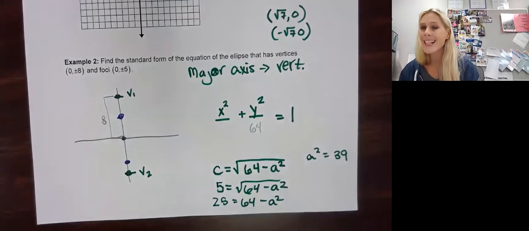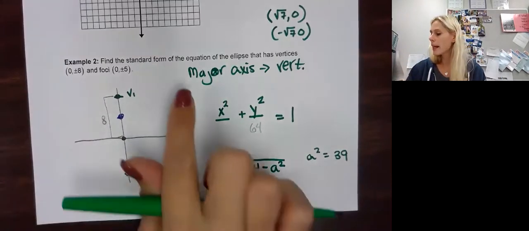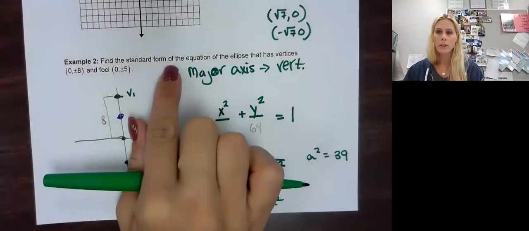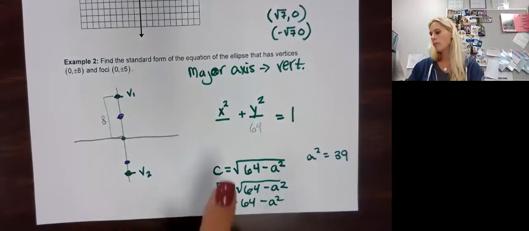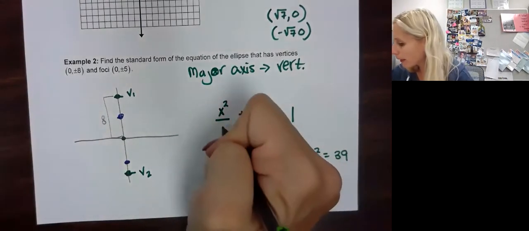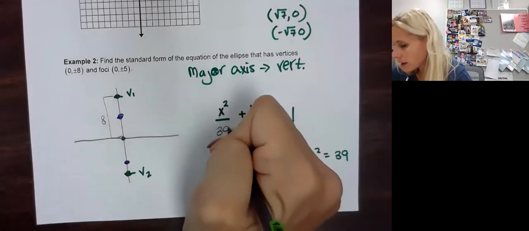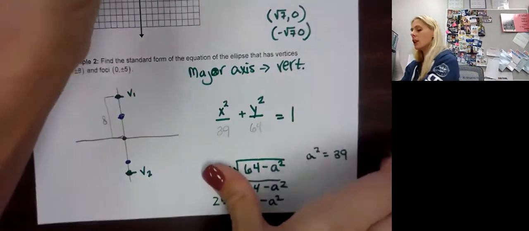But what was our goal of the question? It was to create the standard form of the equation. Do we need a or do we need a squared? We need a squared. So right there in our a squared spot, we get 39. So just keep in mind how far you have to go.